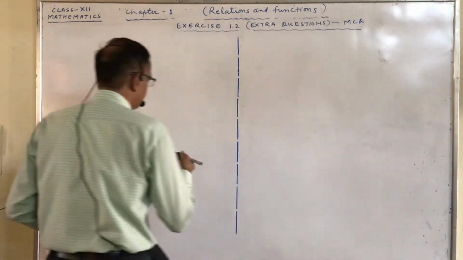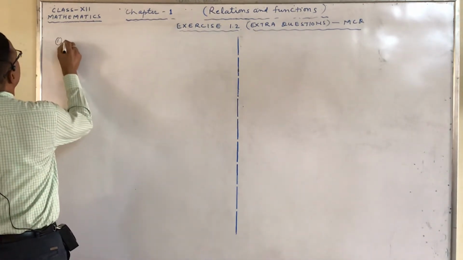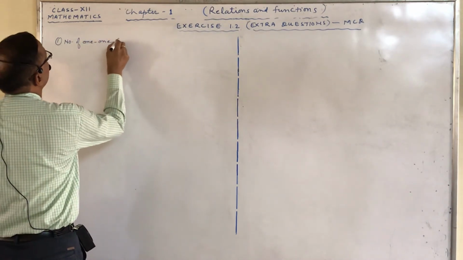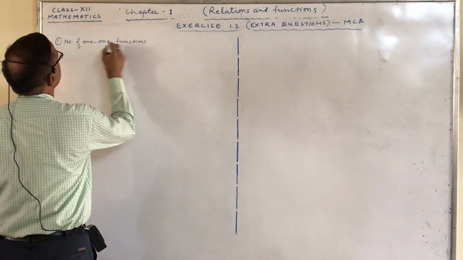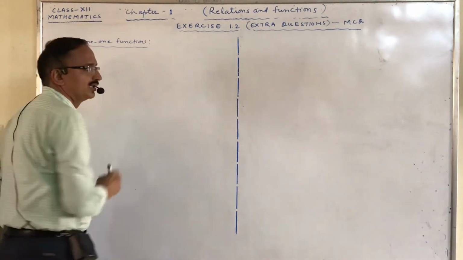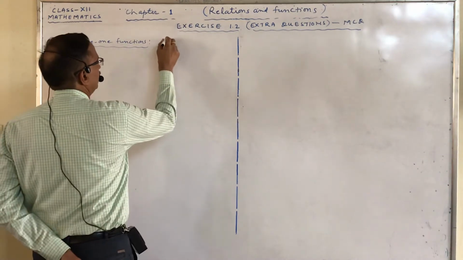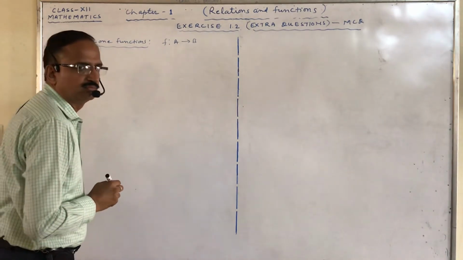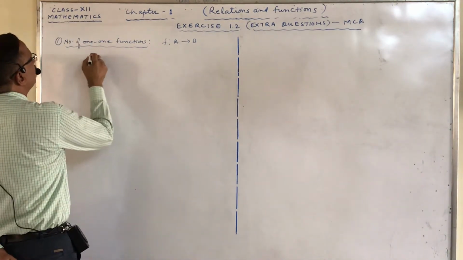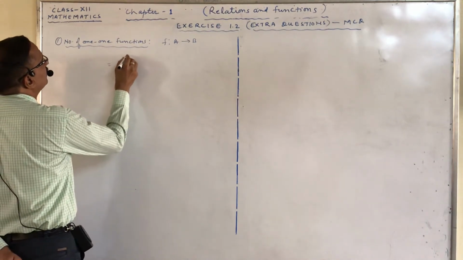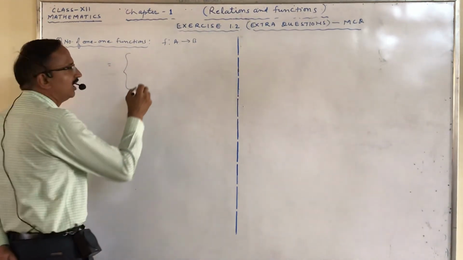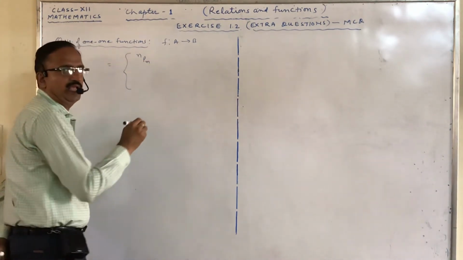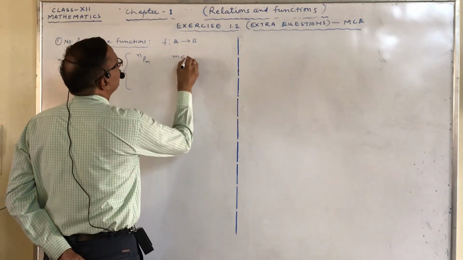So let us start with the first one, that is number of one-one functions. Suppose f is a function defined from A to B. Now the number of one-one functions is given by nPm, where m is less than or equal to n.